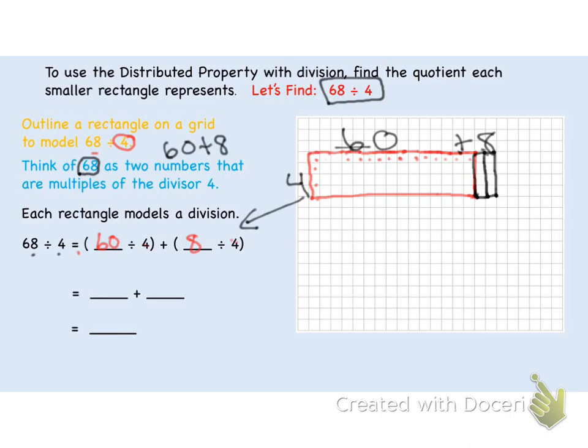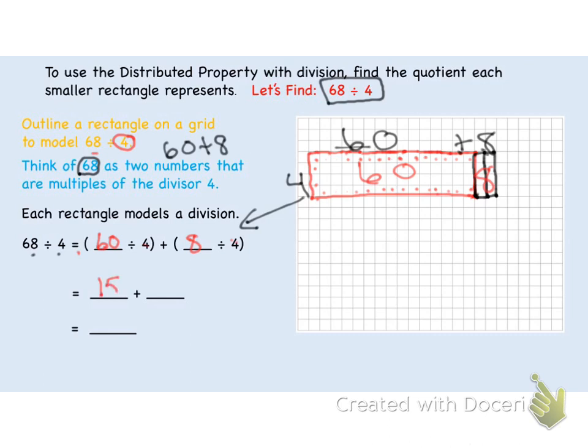Now, 60 divided by 4, if I count the boxes here, we know that this box represents 60. We know that this box represents 8. We got 1, 2, 3, 4, 5, 6, 7, 8, 9, 10, 11, 12, 13, 14, 15. I know that 15 will go into 60 4 times.